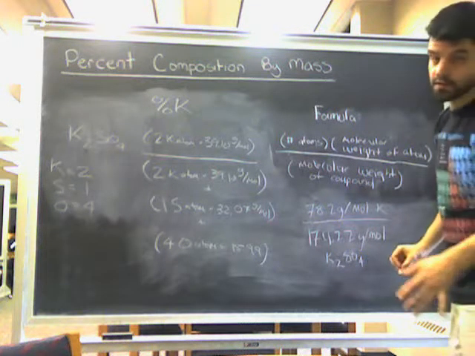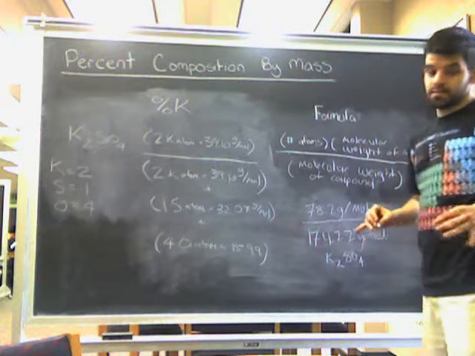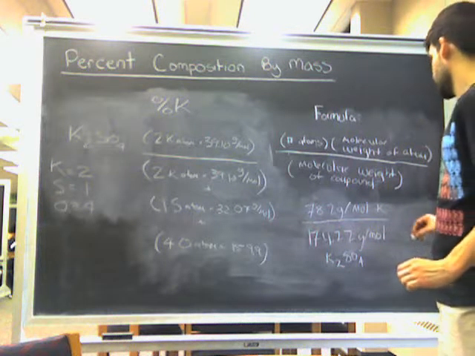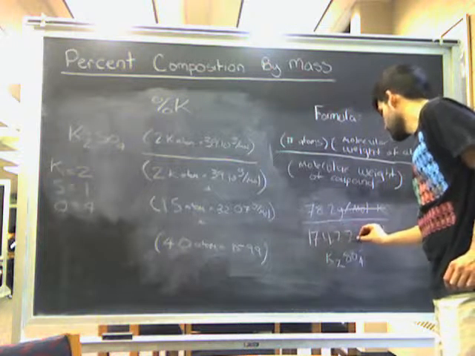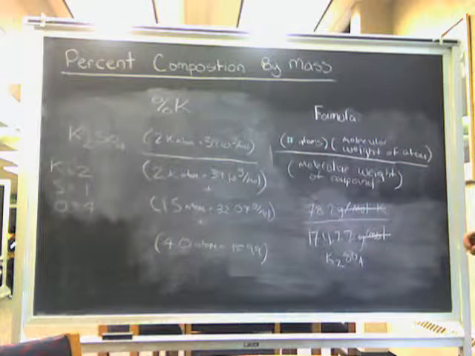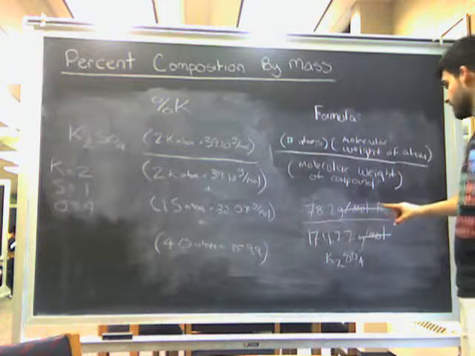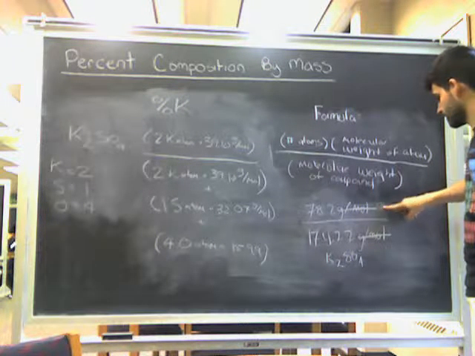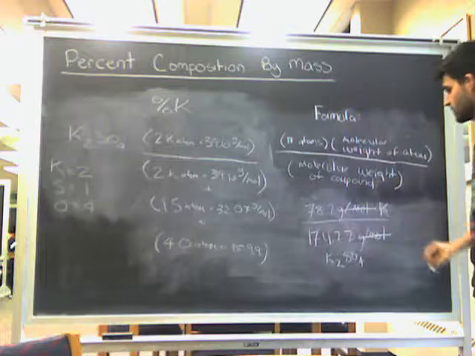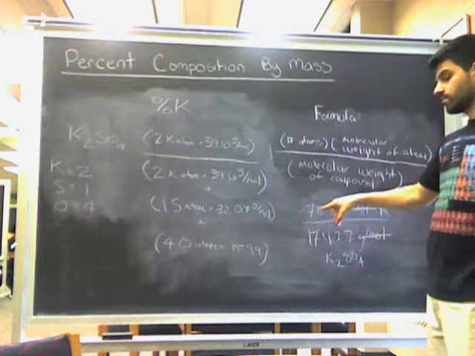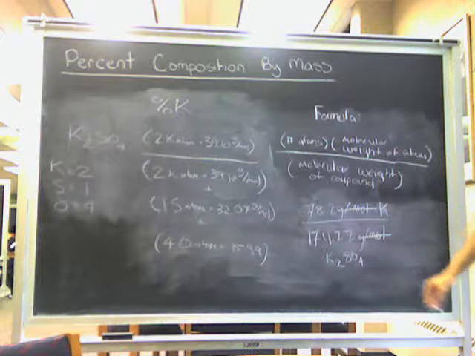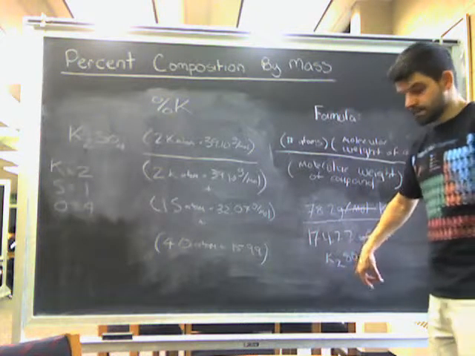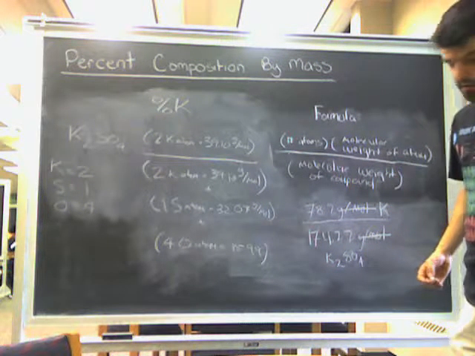Now remember, this is why keeping your units really comes in handy. Grams per mole cancels out grams per mole. So now we have 78.2 potassium over 174.22 potassium sulfate. That's the ratio we want.